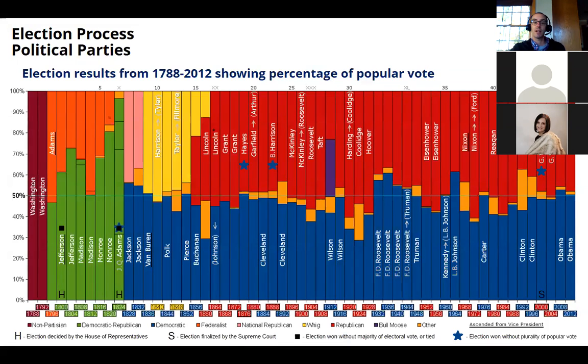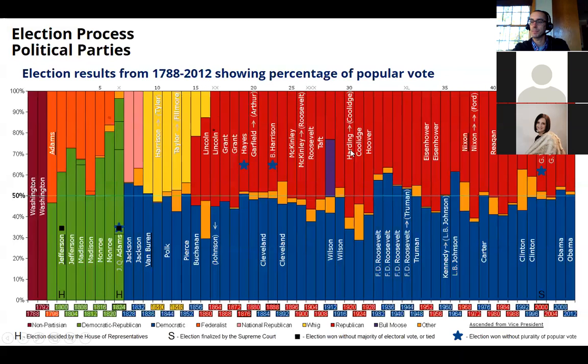This is a good graphic to practice on because, when you take that social studies test and science, there's going to be graphics on it on the social studies GED or HiSET test. And this is kind of a crazy thing. But first we look at the title. It says election results from 1788 to 2012 showing percentage of popular vote.